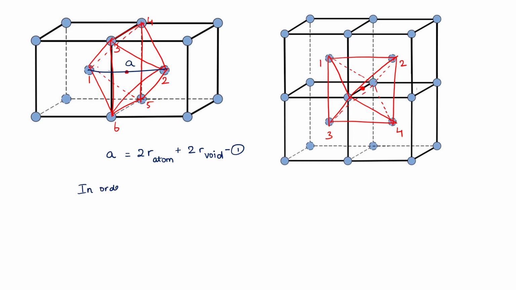In order to find the radius of the void, we need to represent the lattice parameter a in terms of the radius of an atom.